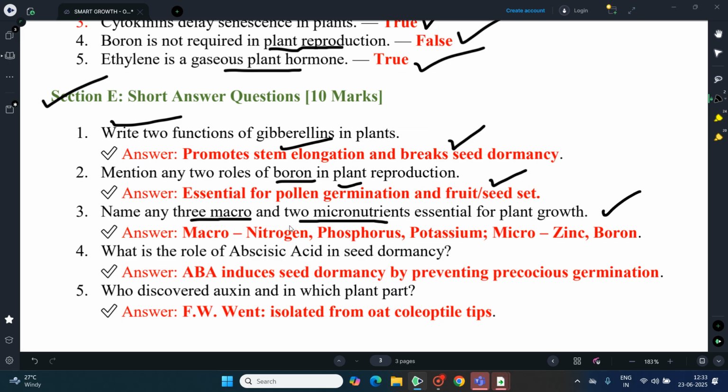You can write nitrogen, phosphorus, potassium. These are the macronutrients, and the micronutrients are zinc and boron. These 5 are highly related to plant growth and development. And what is the role of abscisic acid in dormancy? That is the 4th question. ABA, abscisic acid, induces seed dormancy by preventing precocious germination.